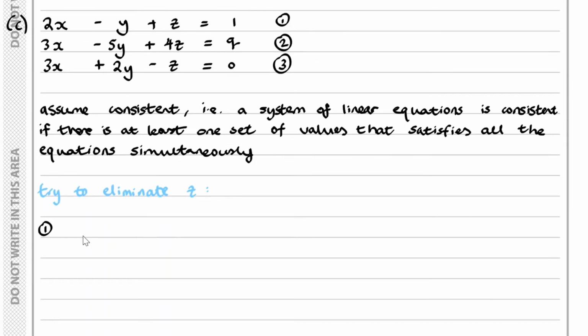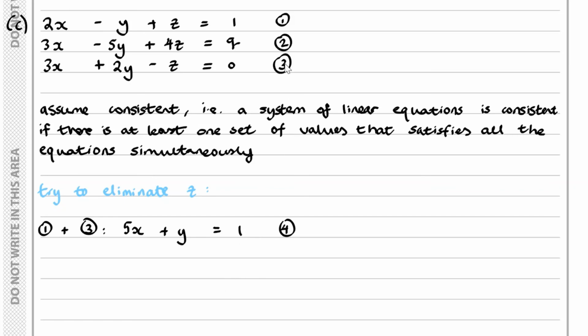So if I add equation 1 to equation 3, 2x plus 3x, that's 5x, minus y plus 2y, that's y, and z plus minus z, which is 0, and then 1 plus 0, which is 1. We'll call this equation 4.